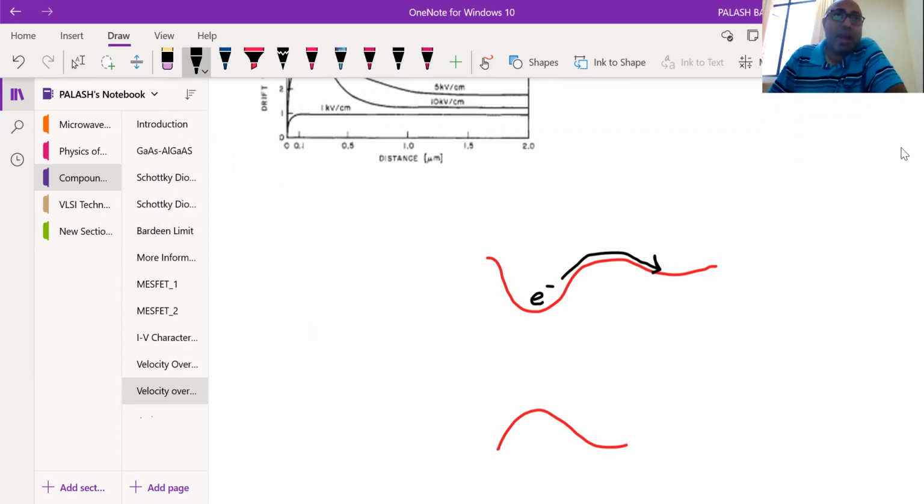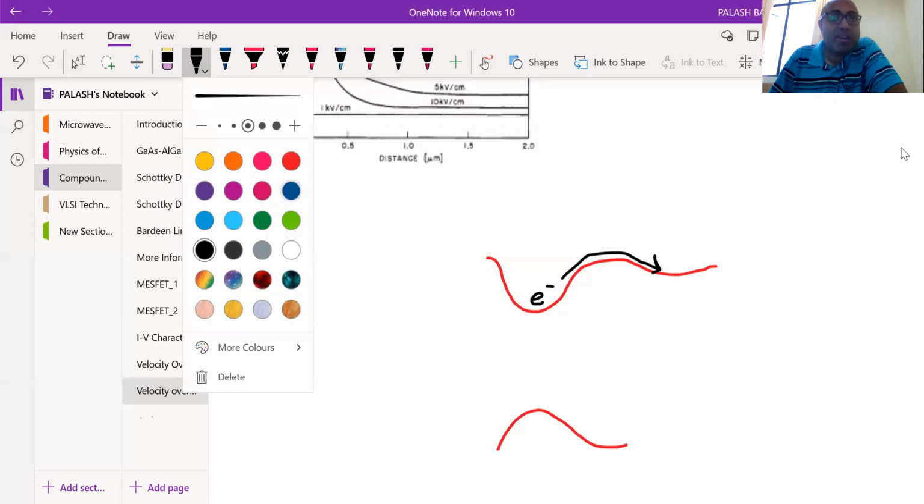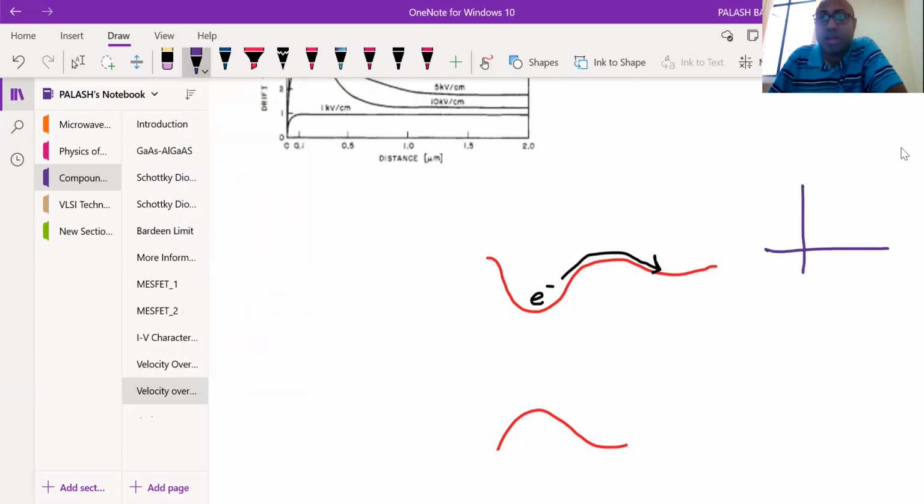Now this is one process, and due to this process you are getting a lower electric field, right? So it is velocity versus electric field, and this is the one process where you are getting a lower electric field for gallium arsenide.